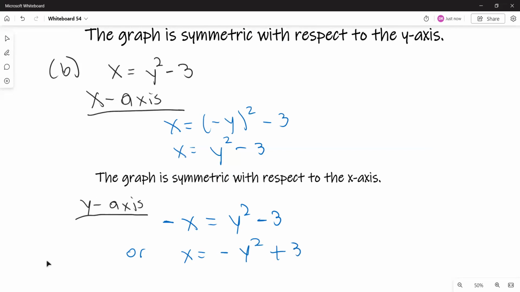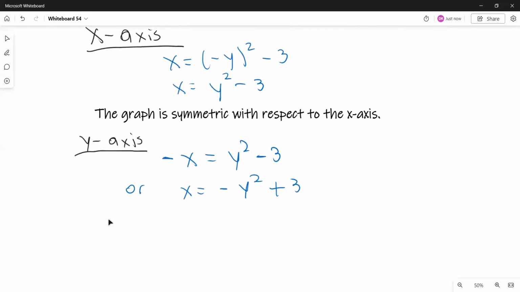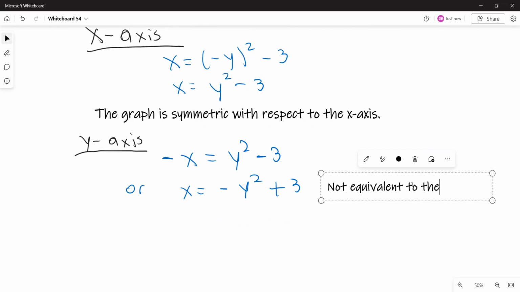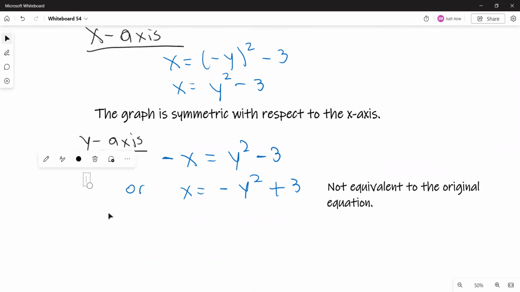In any case, the equations are not equivalent. So this is not equivalent to the original equation. And the graph is not symmetric with respect to the y-axis.